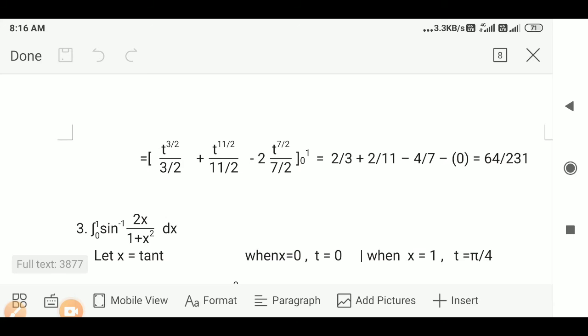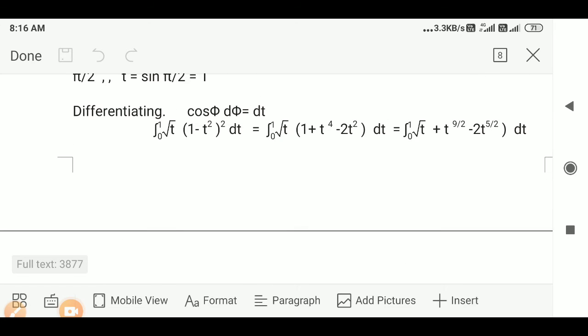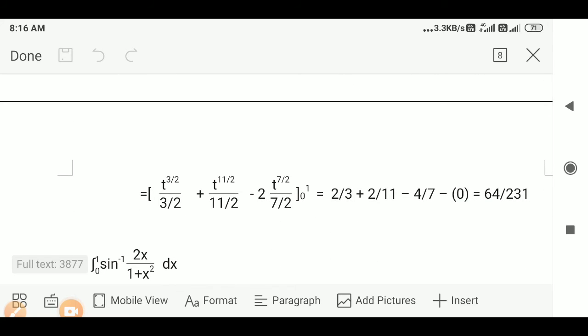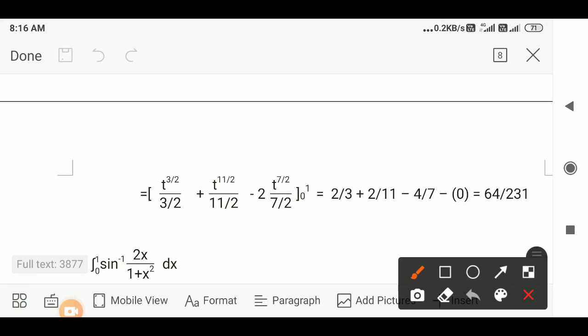Now you have to integrate this. So all are in the form of powers of t. So using the power rule, you get t power half plus 1 upon half plus 1, that becomes t power 3 by 2 upon 3 by 2. Then t power 9 by 2 plus 1 upon 9 by 2 plus 1, it becomes this. Then minus 2 into t power 5 by 2 plus 1 upon 5 by 2 plus 1 will give you this, from 0 to 1.